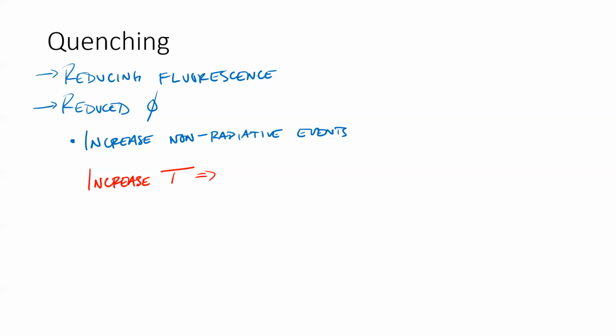Collisions. Collisions, yeah. Increased temperature, we increase collisions. And if I increase my collisions, I'm more likely to give that energy to a molecule in that collision than I am to fluoresce it out as a photon. Right? So there's that collisional energy transfer.